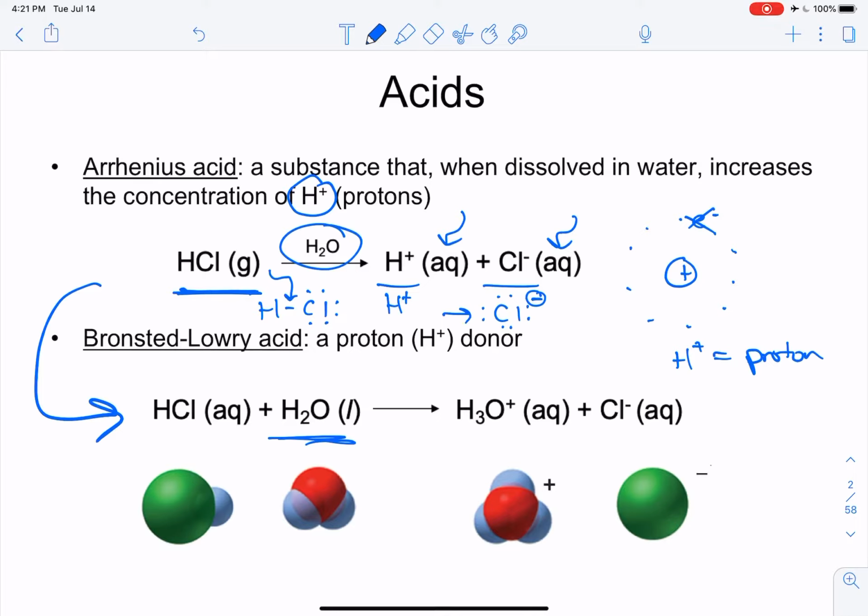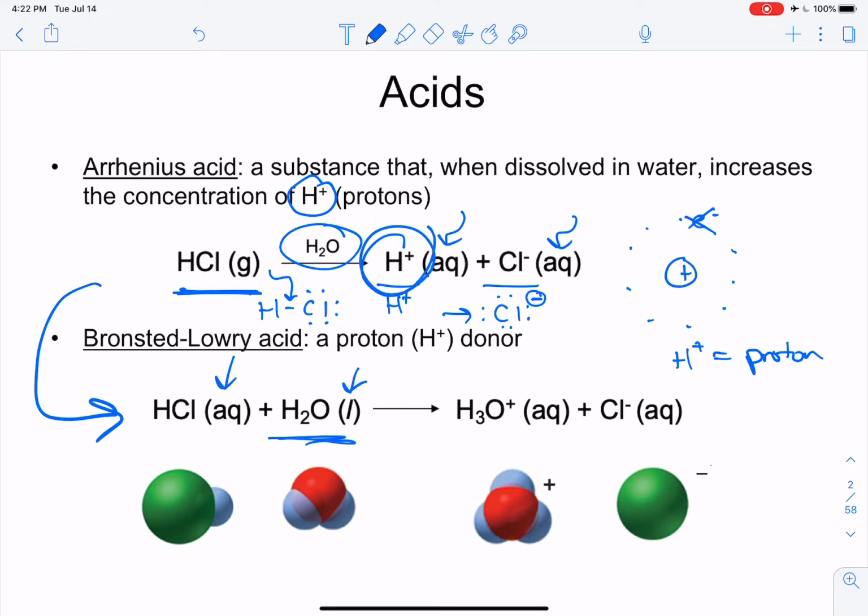We have HCl, and we're dissolving it in water, and there's different ways that we can say that. So here we have HCl, and we're dissolving it in water, and here we say that this is a liquid because we don't say water dissolved in water. We wouldn't say H2O, AQ. And then we put those two things together, and what happens is HCl is going to release the H plus.